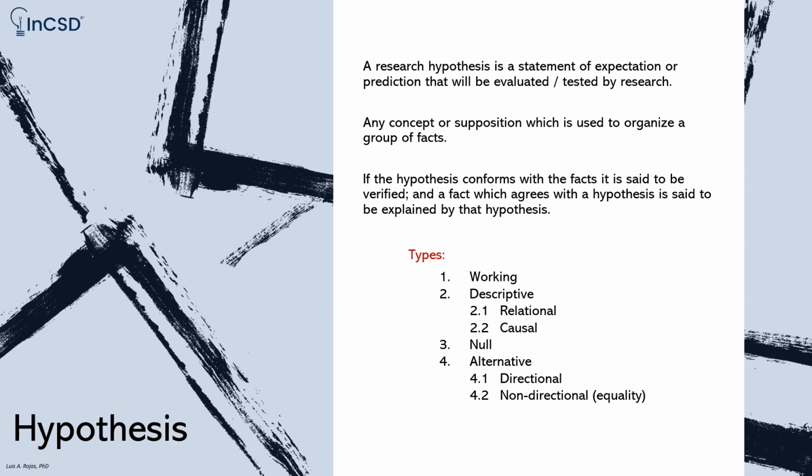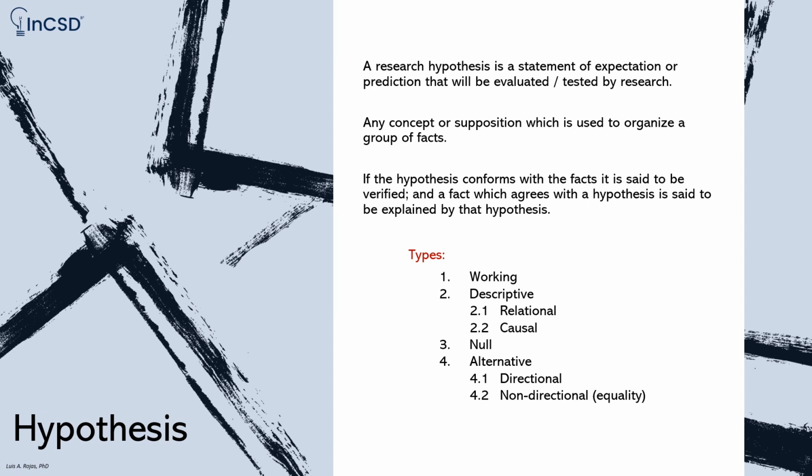It could also be defined as any concept or supposition which is used to organize a group of facts in order to facilitate further research. In general, if a given hypothesis conforms with a provided fact, then it is said to be verified or true. Likewise, a fact which agrees with a hypothesis is said to be explained by that hypothesis.